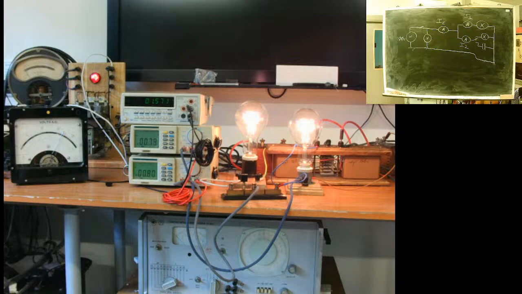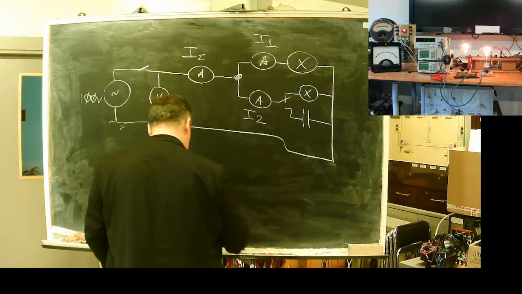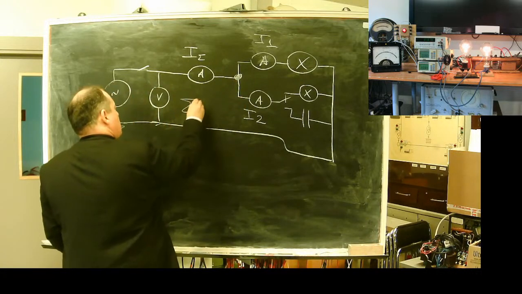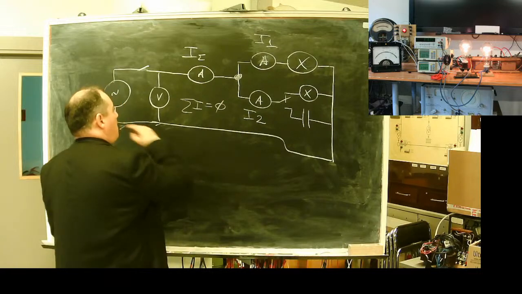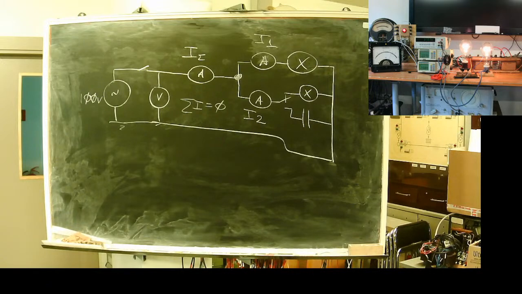So what I'm doing in general, I'm checking the first Kirchhoff law, Kirchhoff current law. For this node, the sum of currents should be 0. And it looks like it will be.